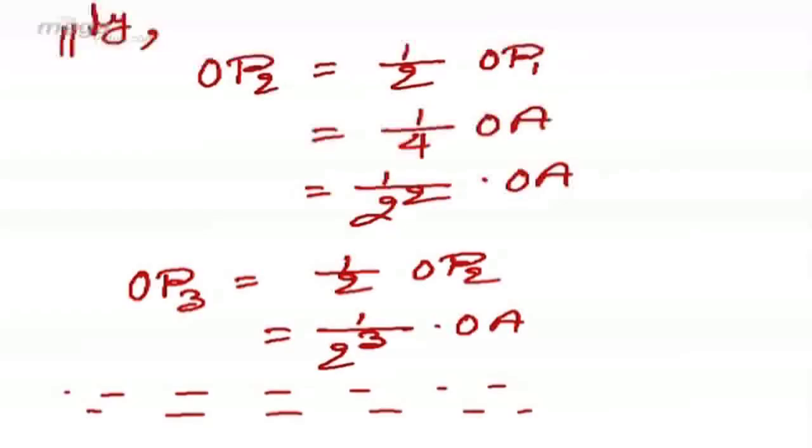We will get OPn equal to: OP2 is 1 upon 2 square, OP3 is 1 upon 2 cube, meaning whatever number is written there becomes the power of 2.